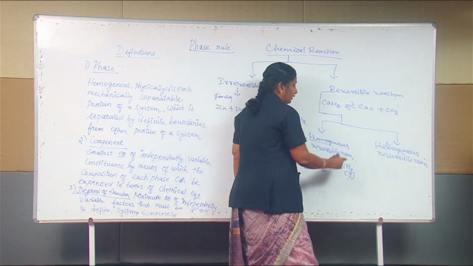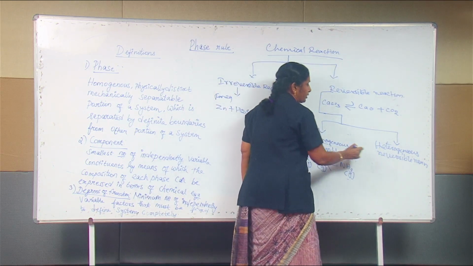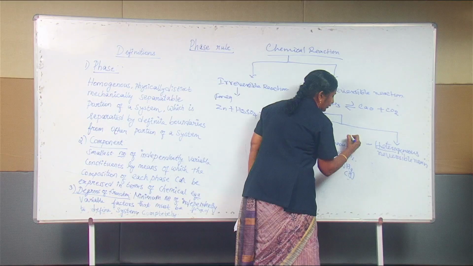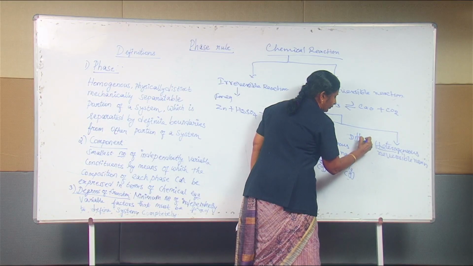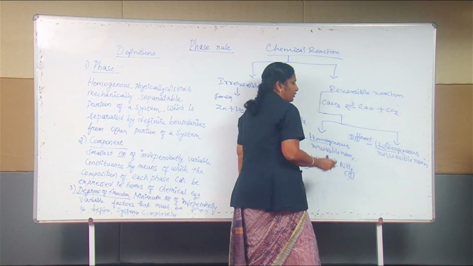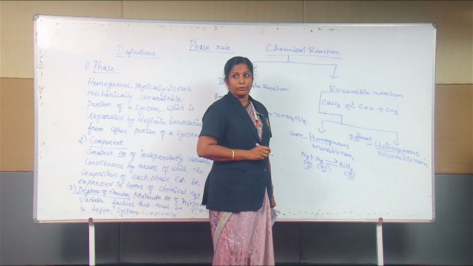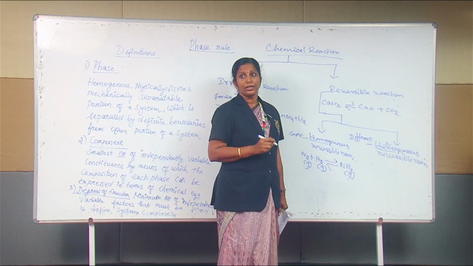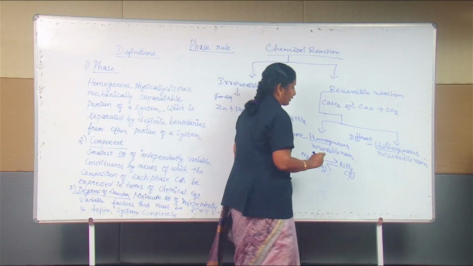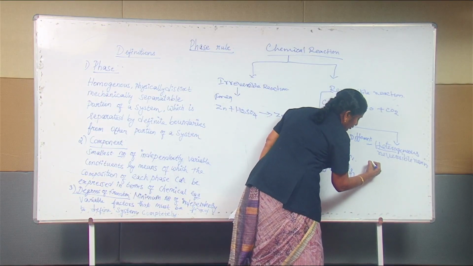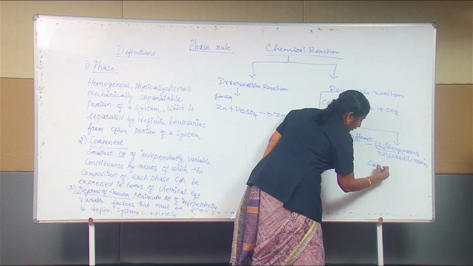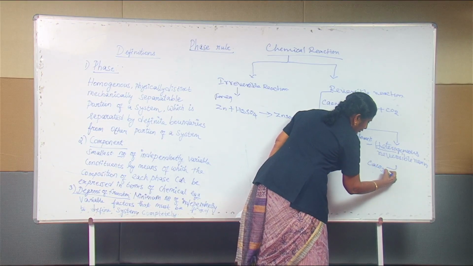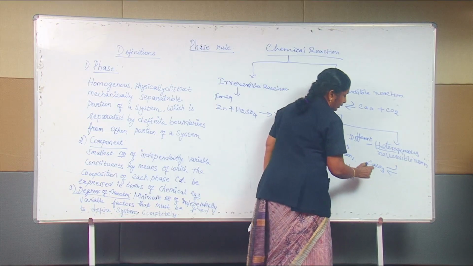Our next one is a heterogeneous reversible reaction. Hetero means different. What does a heterogeneous reversible reaction mean? In this reaction, the reactants and products are in different phases. For example, take the same example, calcium carbonate, the best example of a reversible reaction.